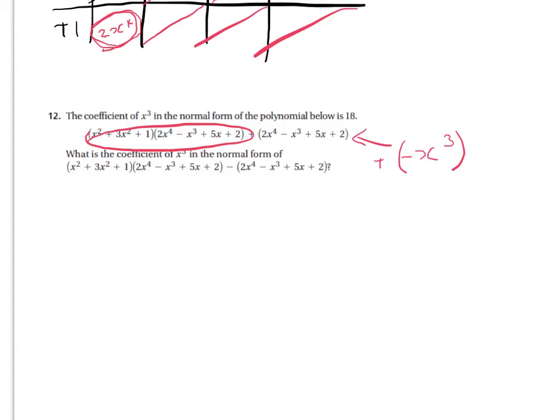But after you do it out, I've got some number of x to the third from here plus negative x to the third right there equals 18x to the third power, because that says the coefficient of x to the third is that.